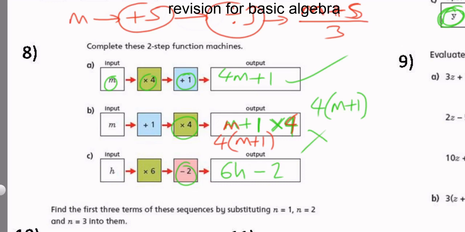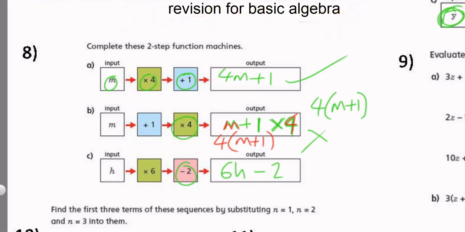Here's another one. Let's just get rid of this. Let's suppose we got x take away 3 times by 4. So let's go from the beginning, x take away 3, so we write x take away 3.